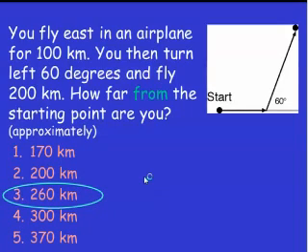The answer is 260 kilometers. So we had 200 kilometers east, and we had, I want to say, 170 kilometers north. And so you're resolving 200, 170. I'm sorry, you're converting that into r theta notation.